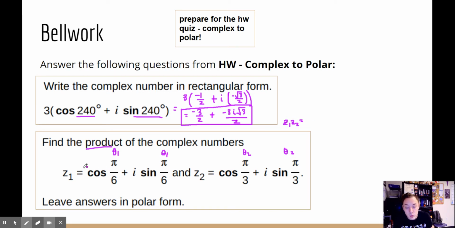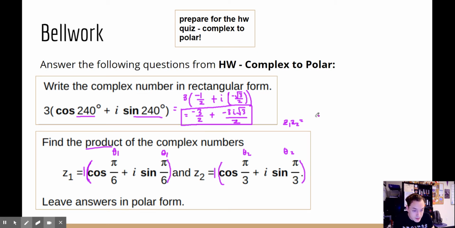My r is just 1 in both cases. Maybe that would confuse you, but in both cases, my r is 1. It would be out here, just right there. But since we don't have any parentheses to start with, that tells me my r is 1 in both complex numbers in polar form. So I don't really need to multiply anything there. It's just 1 times 1.